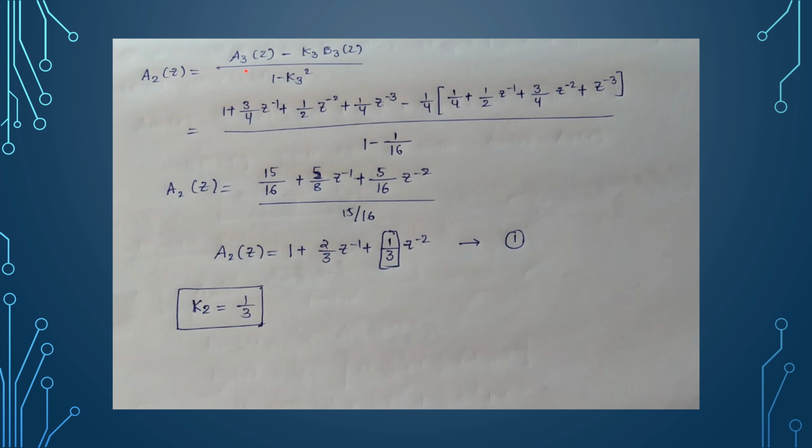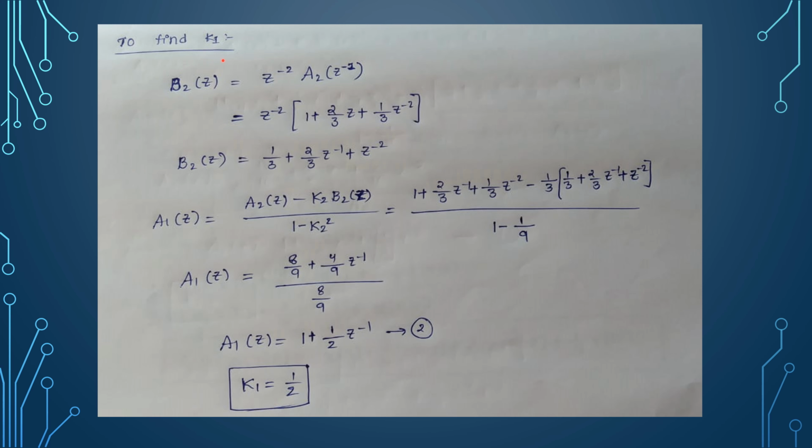By substituting A_3(z), k3 and B_3(z) in this equation, we can get A_2(z) as 1 + 2/3 z^-1 + 1/3 z^-2. So here the leading coefficient is 1/3, so the second stage reflection coefficient is 1/3. Similarly, to find k1, we need to find A_1(z). B_2(z) equals z^-2 times A_2(z^-1).